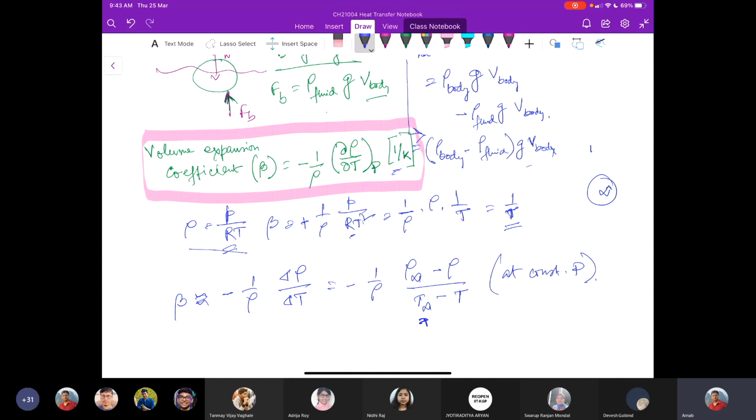And T infinity is the temperature of the quiescent fluid away from the surface.